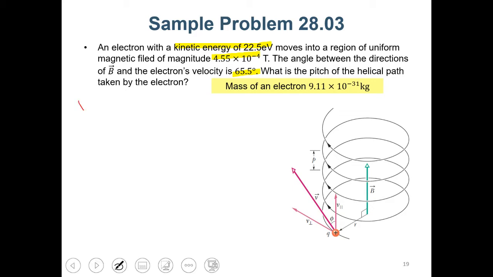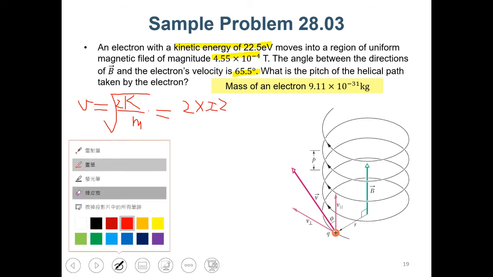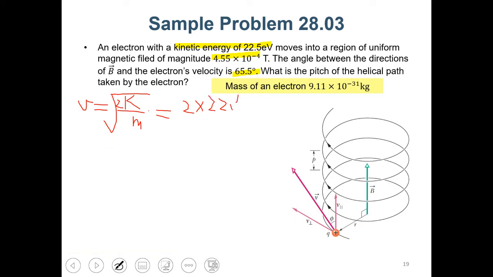Here, we first find the velocity, which is the square root of 2k over m. So 2k is 22.5 times 10, times 1.6 times 10 to the minus 19.